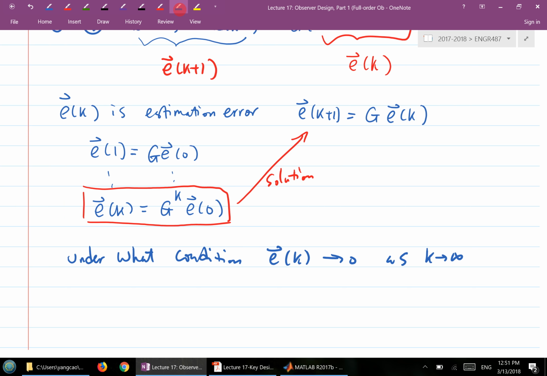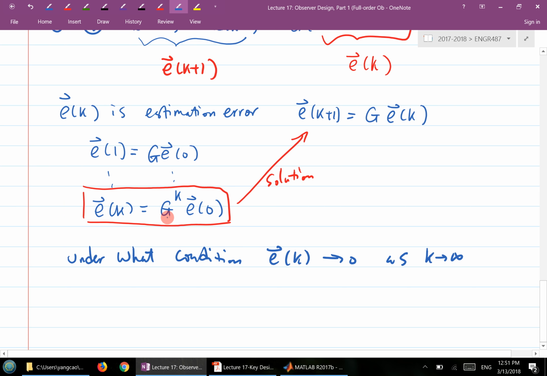G has to have poles that are smaller than 1. G is a matrix. If G is just a single value, then its absolute value has to be less than 1, right?